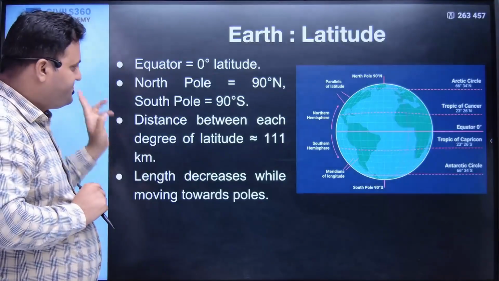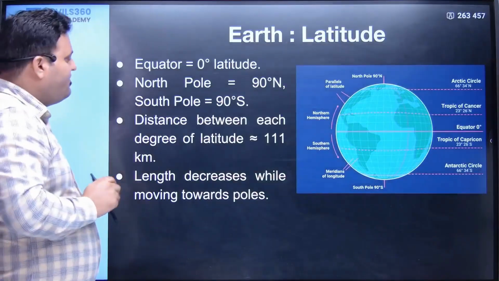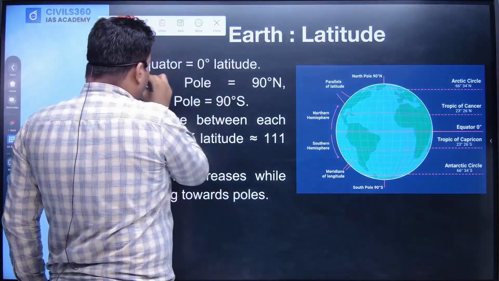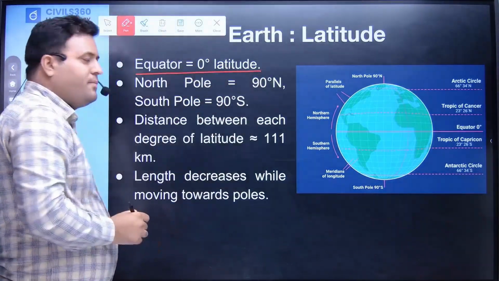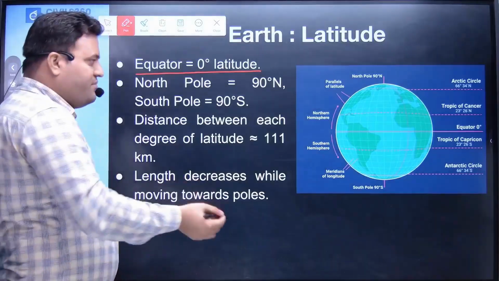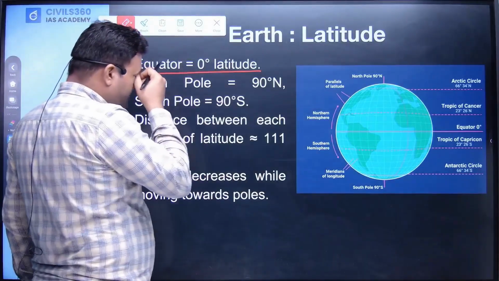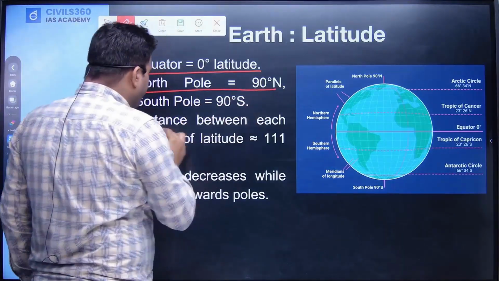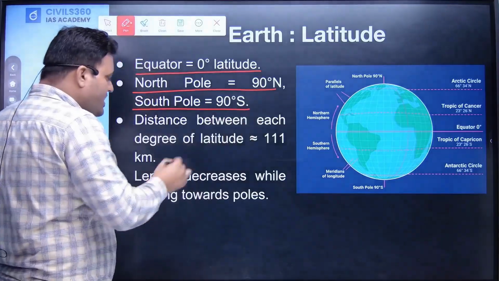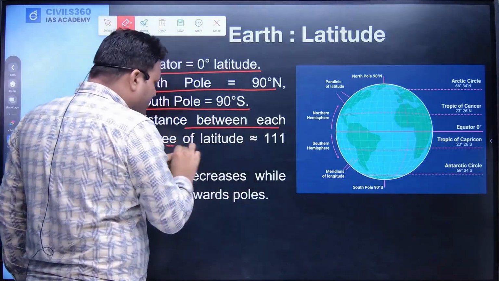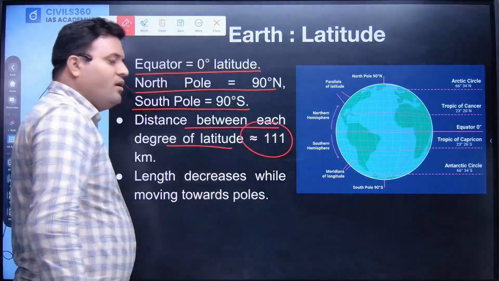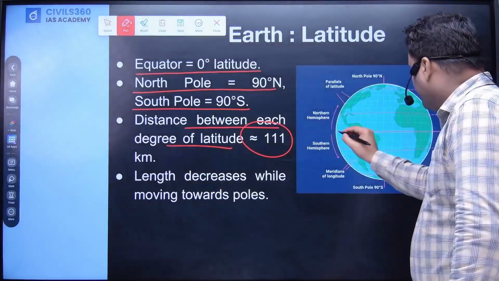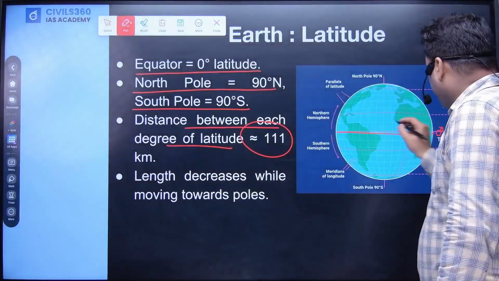Moving ahead. When you have 0 degree, you refer to that as the equator, 0 degree latitude. If you have 90 degree, just superimposed on the plane, you'll have the north pole at 90 degree north and the south pole at 90 degree south. The distance between each degree of latitude is almost 111 kilometers. Suppose this is 0 degree and this is 1 degree.